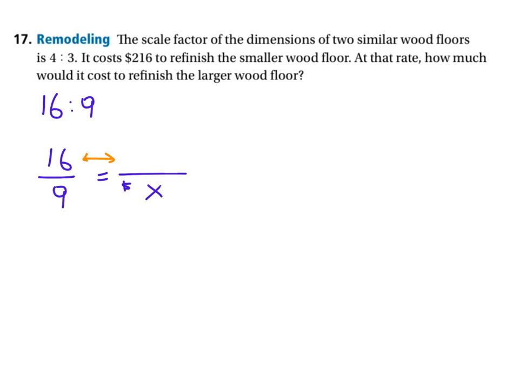So let me erase that, my mistake, and put 216 there across from the smaller one. Okay, and then we've got x here. That's better. And now we do 9x equals 16 times 216. 16 times 216 equals 3,456.